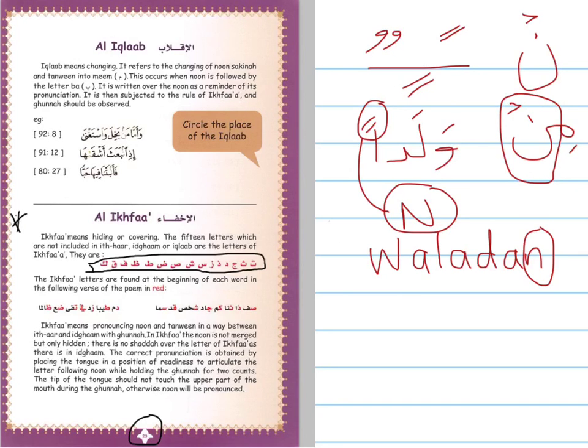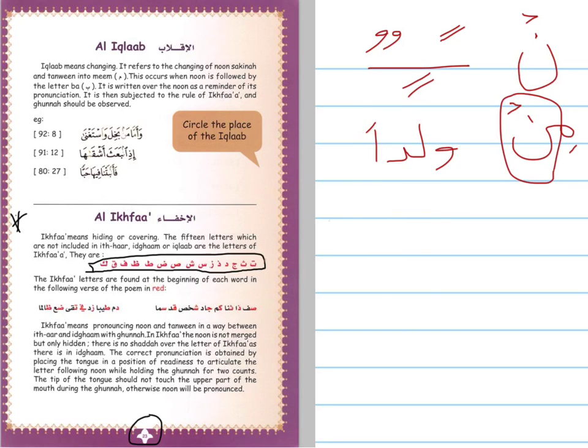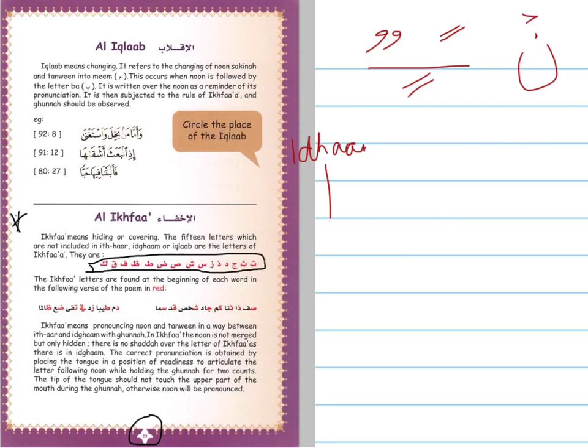If we think about all the rules we've talked about so far, or more specifically, if you think about Izhar, Izhar is basically where you say the N sound clearly.